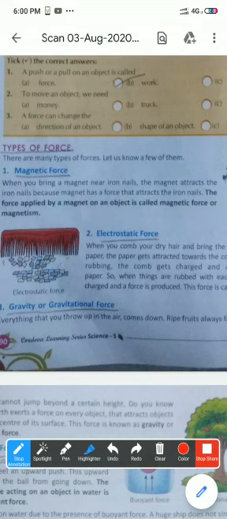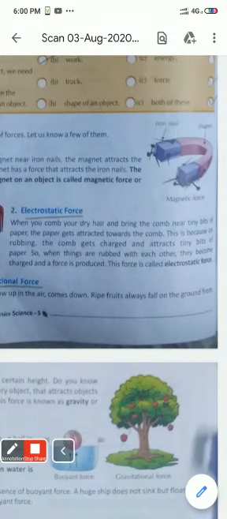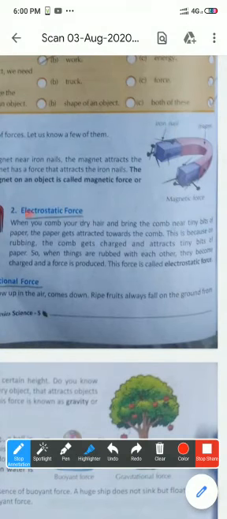Next, we have another type of force, that is electrostatic force. Now, to understand this, a simple experiment we can do.